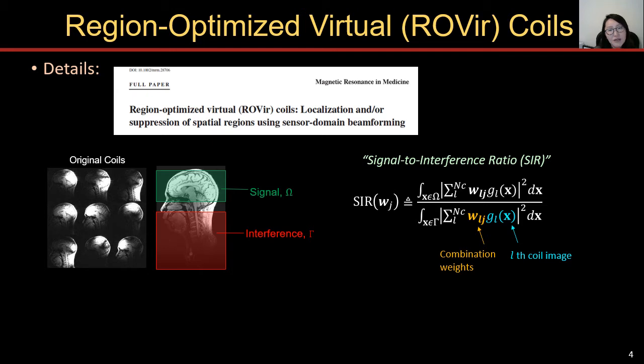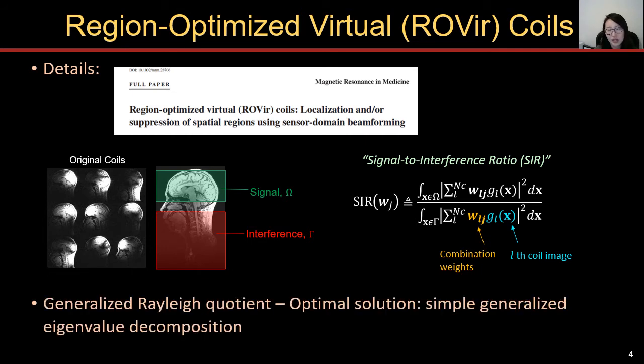Interestingly, this optimization problem may look complicated, but it is converted into a well-known optimization problem known as a generalized Rayleigh quotient, which has a simple solution based on computing eigenvalues of very small matrices.